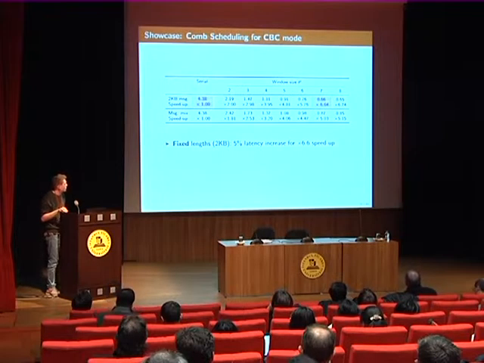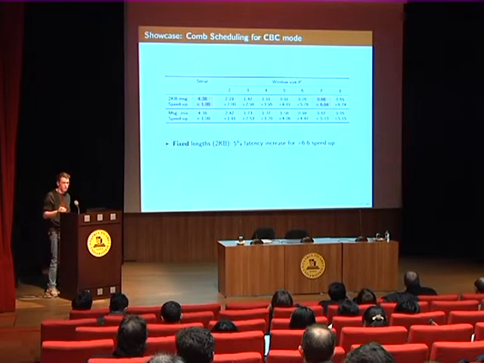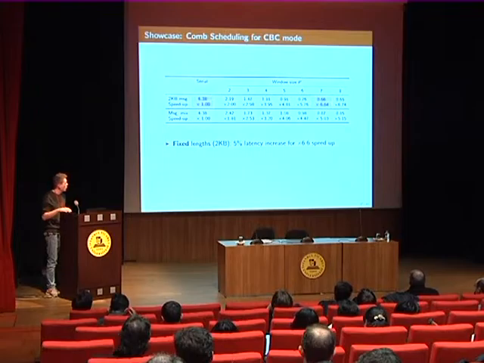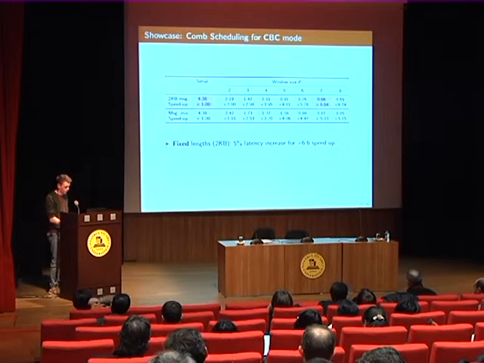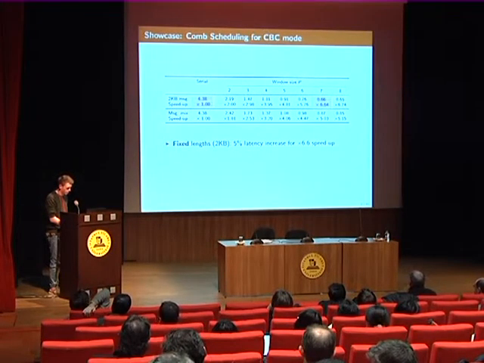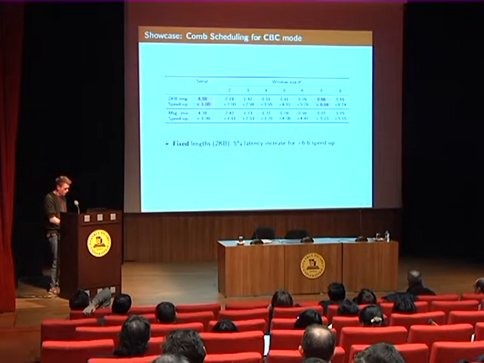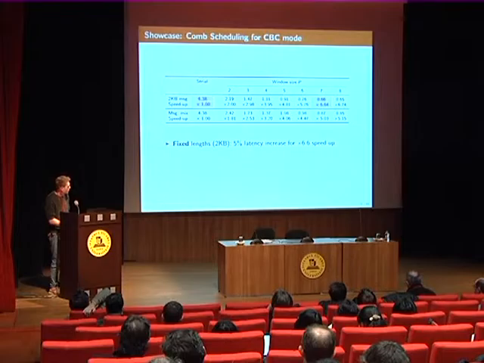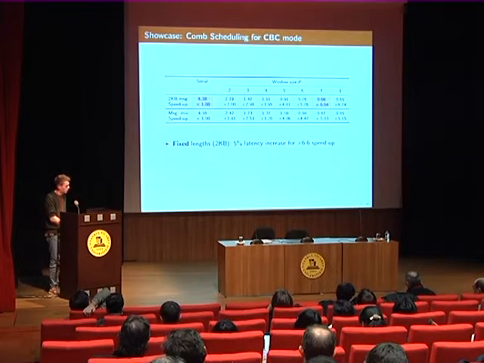This means that in this case CBC mode is performing almost as well as ECB mode, which I think is quite nice. And for this fixed length scenario, we have about a 5% increase in latency. This is something we pay in turn to get a speed up of about 6.6 times.